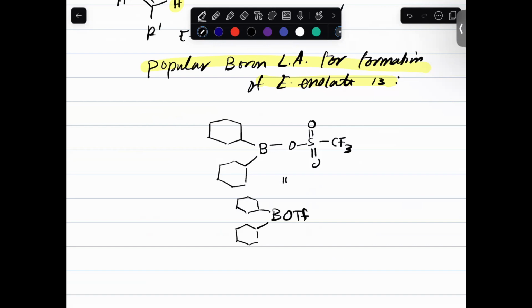This can also be drawn out or thought of as cyclohexyl groups. Cy for cyclohexyl. You don't want to draw out the cyclohexyl groups, the 6 carbons. You can just draw out Cy for cyclohexyl group. Okay. That's probably the most popular Lewis acid for the formation of the E-enolate.